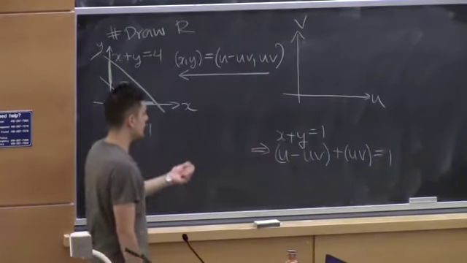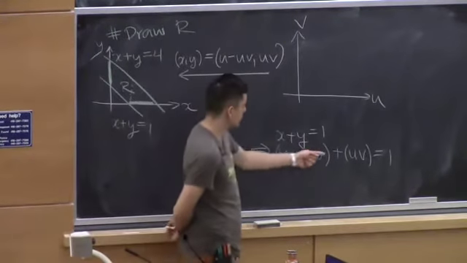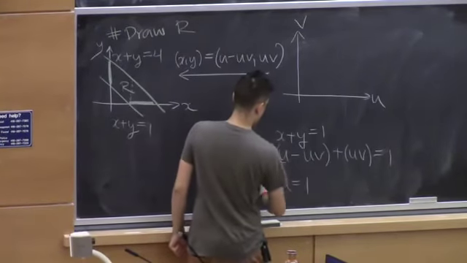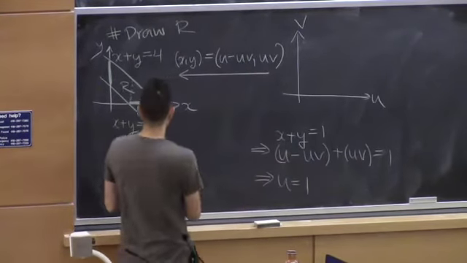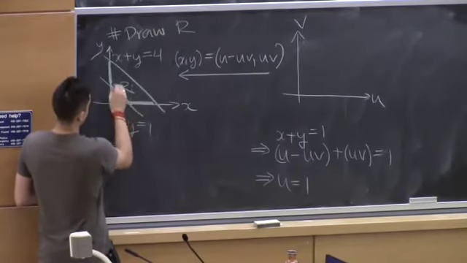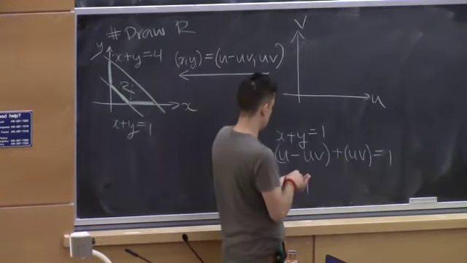Okay, we know that x is u minus uv, y is uv, so we get that along this edge of the thing, u is equal to 1.